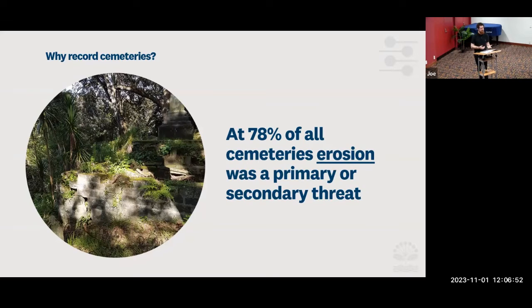A really interesting result that we didn't expect was rabbit burrowing, particularly in our rural cemeteries. For whatever reason, rabbits really love burrowing in and around graves. Quite unfortunate. That has a cumulative effect of introducing more localized subsidence, so general collapse. And we also noted coastal and fluvial erosion for cemeteries that were in those areas.